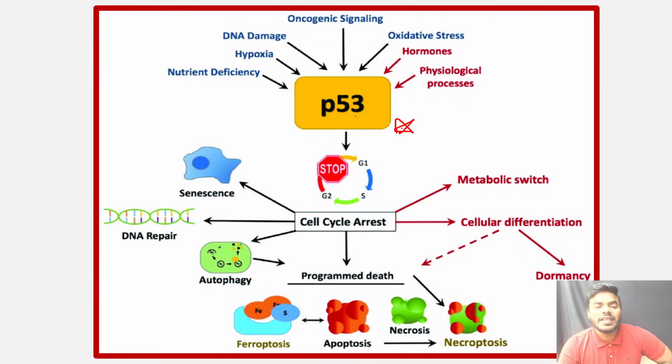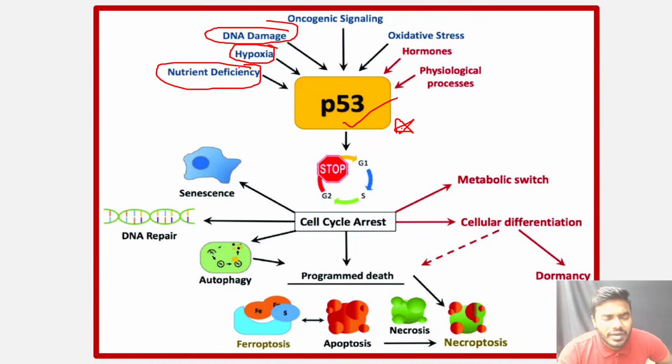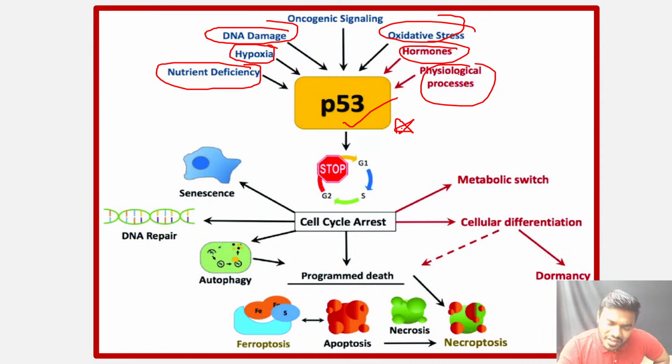When the P53 is getting activated, this is very important. You should not consider that the P53 is released in the body every single time. Every student listen. During damage of DNA, very low level of oxygen, that is hypoxia, very extreme deficiency of nutrients inside the cell, oxidative stresses, hormonal imbalance, several impaired physiological processes.